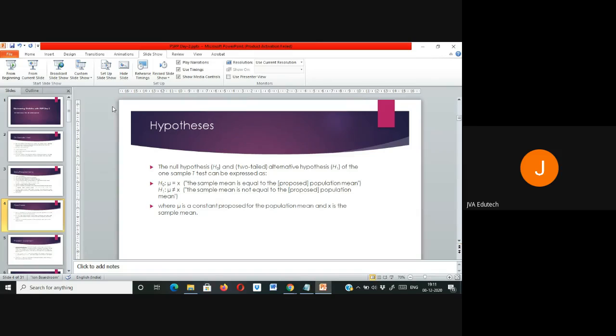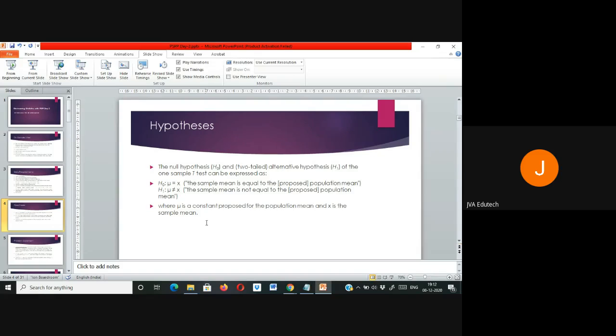Now, the hypotheses that we formulate in the case of a one sample t-test. Basically, we formulate the null and the alternate hypothesis. The null hypothesis is mu is equal to x bar. Kindly read it as x bar, which means that the sample mean, x bar, is equal to the proposed or hypothesized population mean mu.